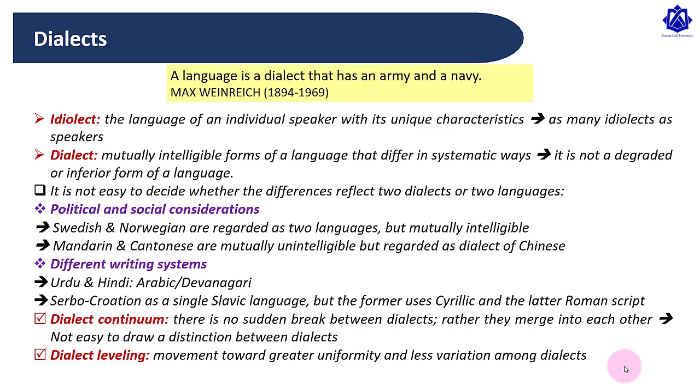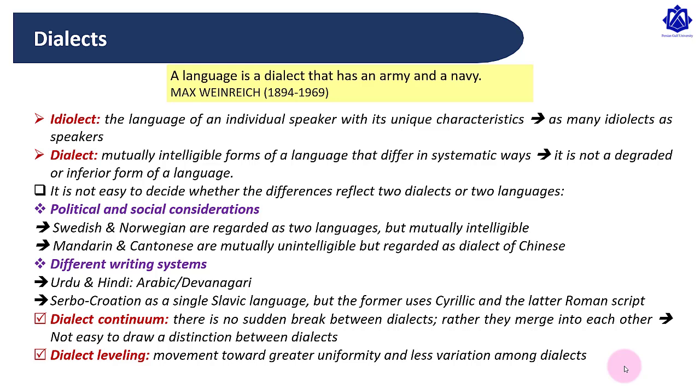Even within the same family, siblings might speak in different ways, with their own unique characteristics. So the language of an individual speaker has its own specific unique characteristics, and it is called idiolect.